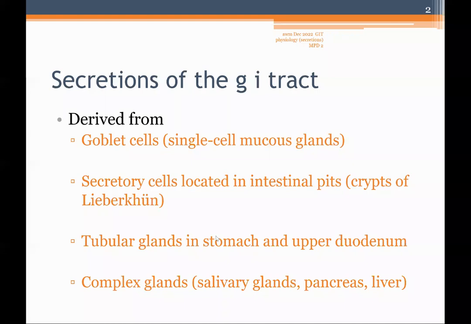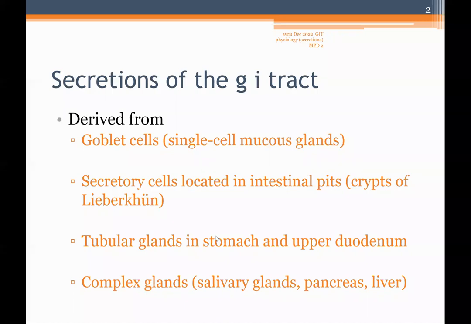The difference between the complex glands and the other three we discussed earlier is that complex glands have a duct. They're situated away from the actual gastrointestinal tract, and they're connected to the tract via a duct, so that their secretions have to go through the duct to mix with the food.